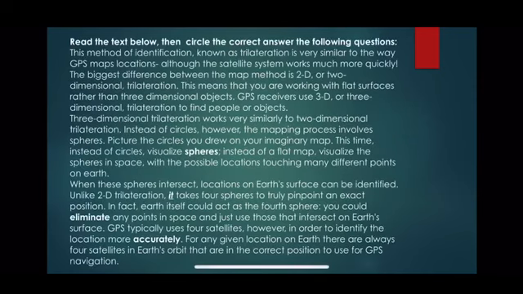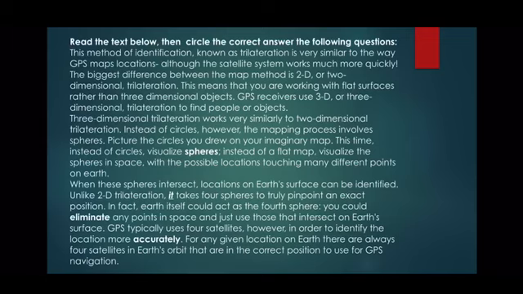Now this is actually a worksheet which is similar to your second exam. You're going to have a text, just like that, which is from the GPS and the satellite text.